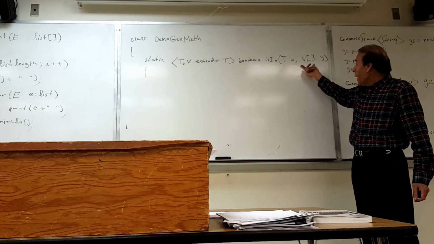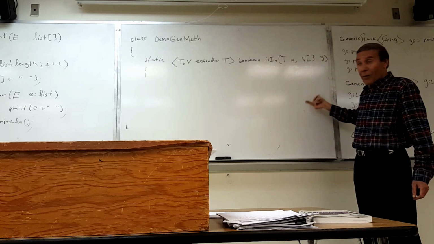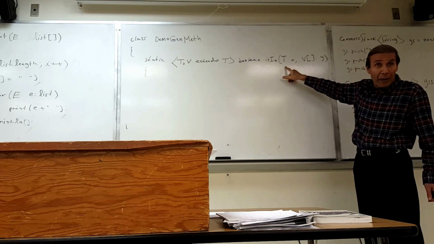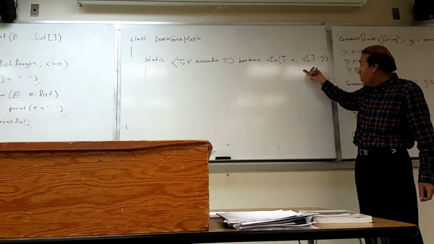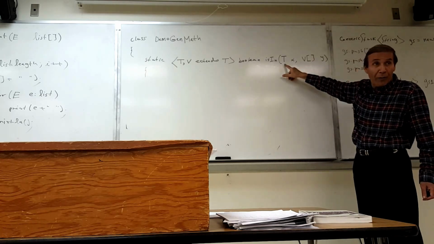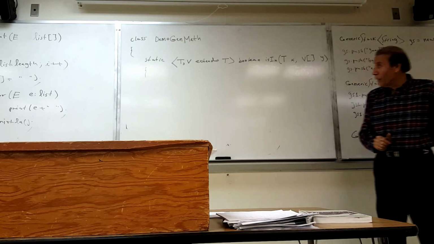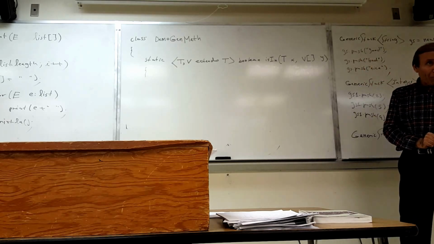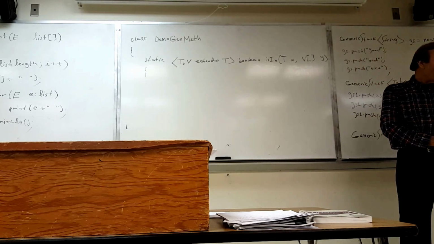So if this array has a bunch of names in it, this should be what? A name. If this array has a bunch of, let's say, numbers, let's say integers, this should be what? Integer, and so forth. Okay? Yes?